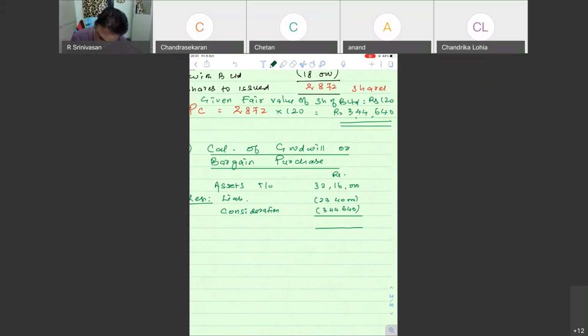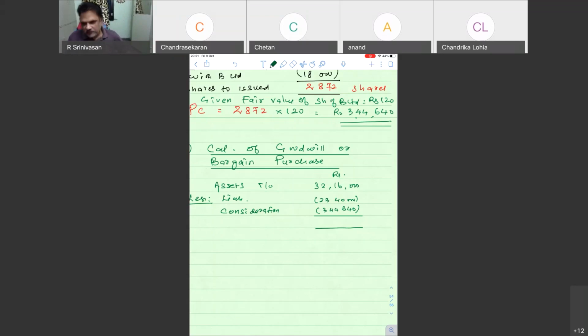So how much is this total? 23 lakh 40,000 plus 3 lakh 44,640. Total amount 26 lakh 84,640 is there, and the total amount is to be subtracted. Here the assets taken over are 32 lakh 16,000 minus 23 lakh 40,000.